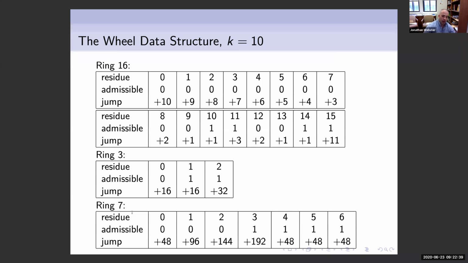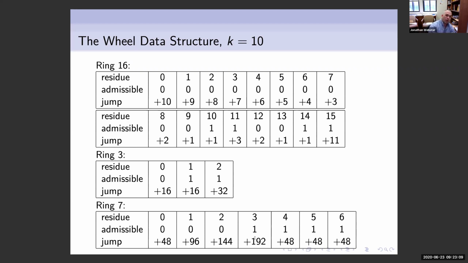So now at this layer, we have set some residue mod 16 and mod 3. To preserve that, you need to add the correct multiples of 48 to not destroy the congruence information mod 3 and mod 16. So the jumps are listing the minimal multiple of 48, 3 times 16, to get to the next admissible residue mod 7. So let's see how this works.